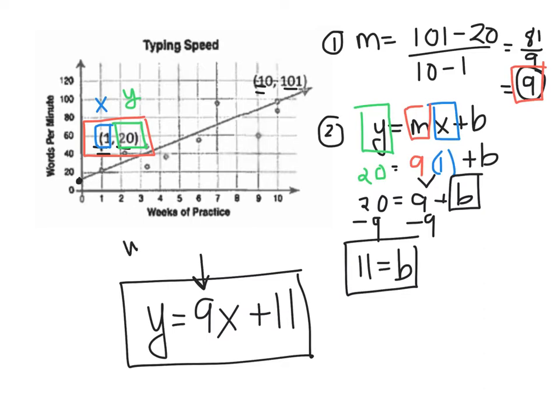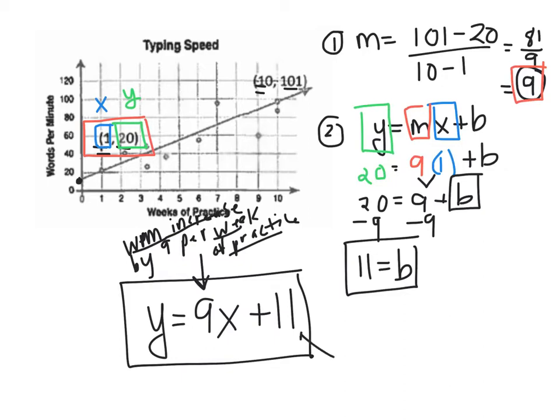So your words per minute increase by 9 per week of practice. It's always how much y changes by per x. So words per minute per week of practice.